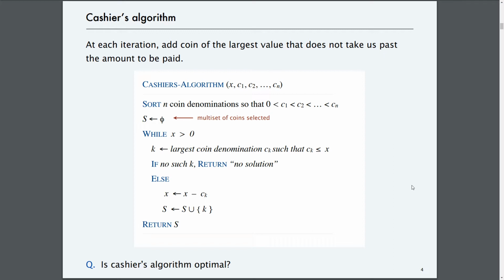We select the largest coin denomination, which is less than or equal to x, and then we subtract that and add the coin to our set. Finally, we return. So is this optimal? Does this always give us the best solution?